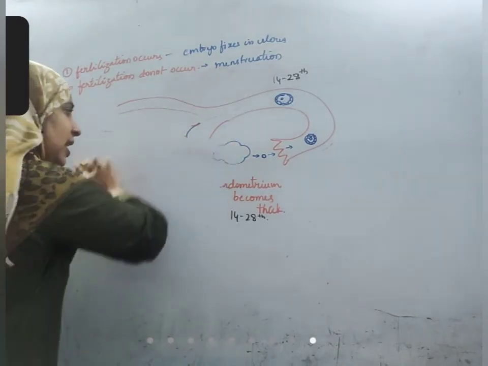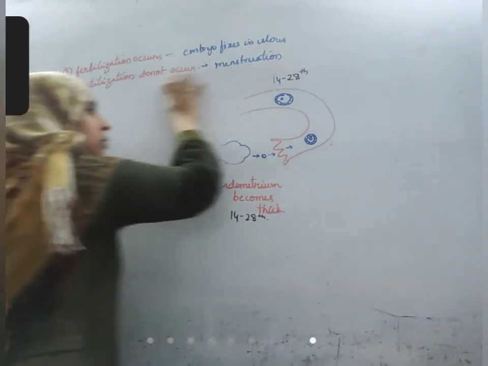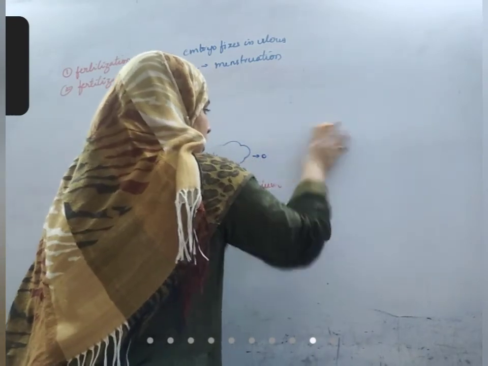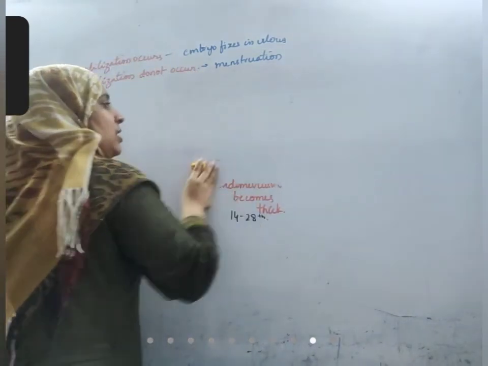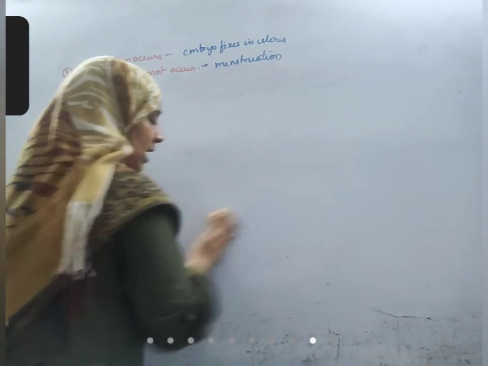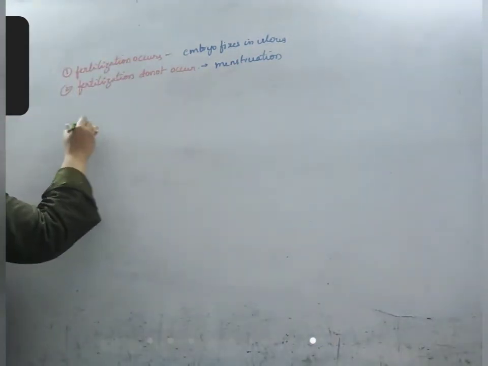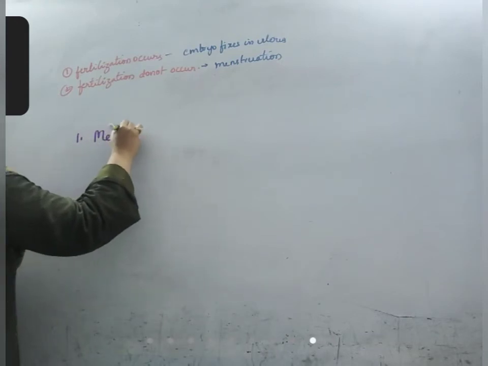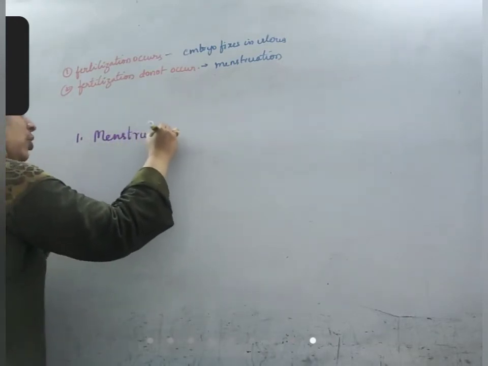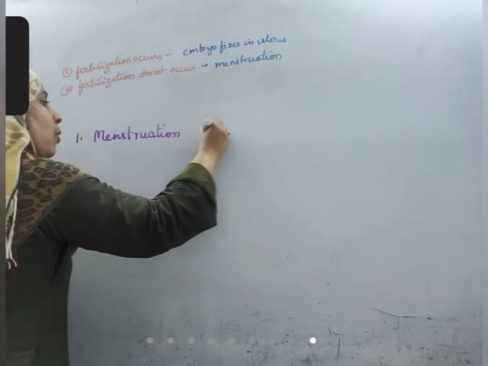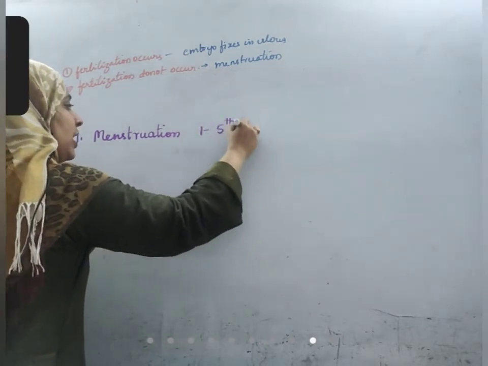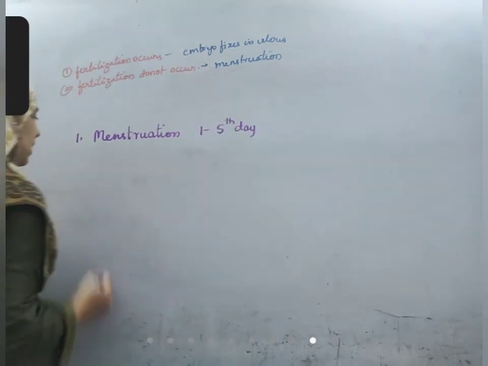So let us understand the stages of the menstrual cycle before we understand the hormonal changes. I'll tell you the phases of the menstrual cycle. First phase is menstruation. Menstruation occurs from the 1st to 5th day of the menstrual cycle.